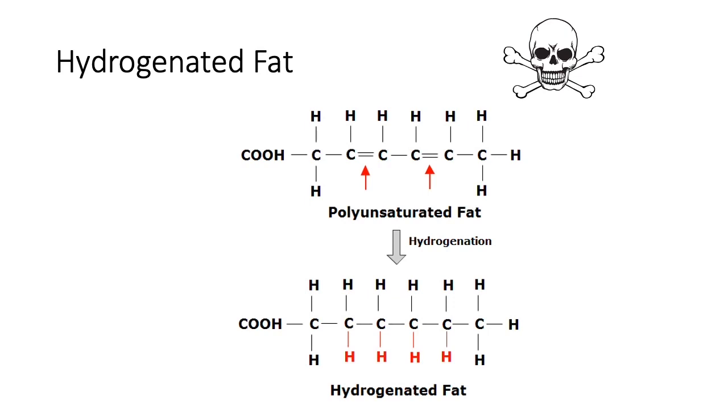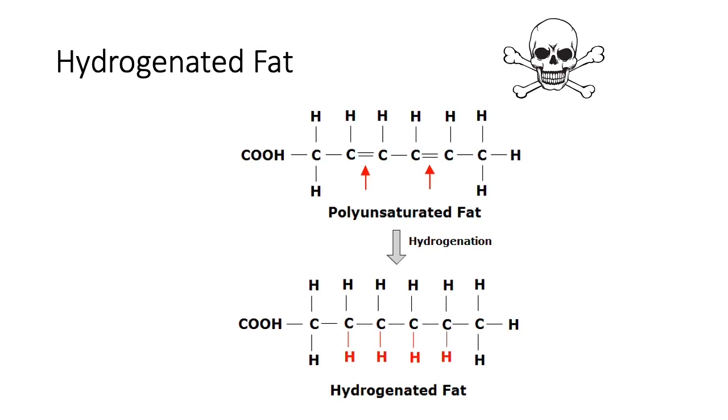Hydrogenated fats are fats that have had hydrogens attached to carbons within the fatty acids. So if you have a polyunsaturated fat, you'll notice up at the top you've got some carbons with double covalent bonds. So these are going to be typically a liquid at room temperature. Let's say you want to turn that into a solid. You can add hydrogens to those carbons that have the double covalent bonds.